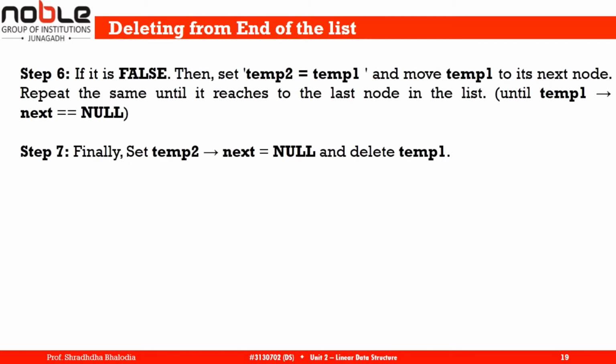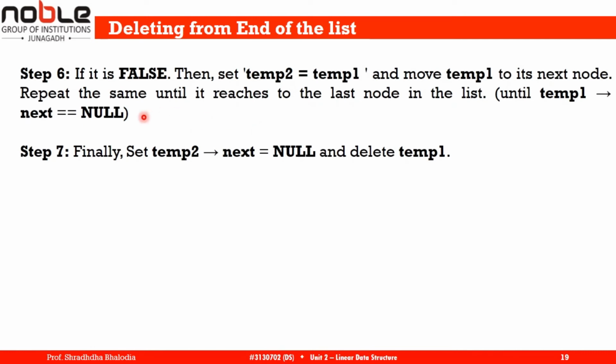Now we move forward. If it is false, that means what? The list is not empty and does not have only one element, the list has more than one element. Then set temporary 2 equal to temporary 1 and move temporary 1 to its next node. Repeat the same until it reaches the last node which we want to delete.